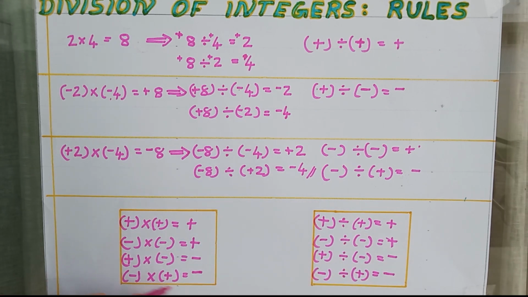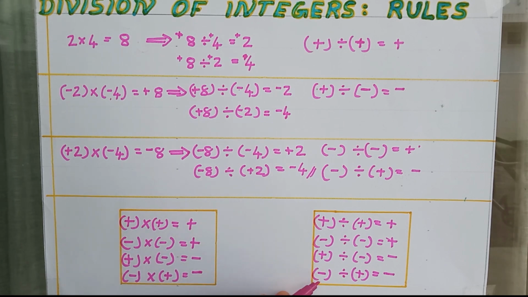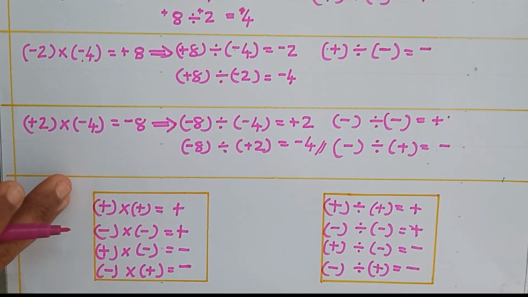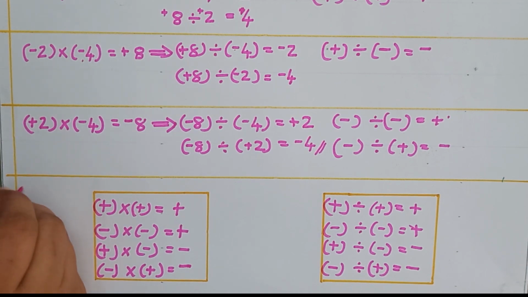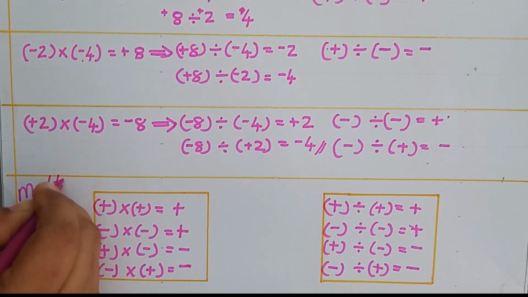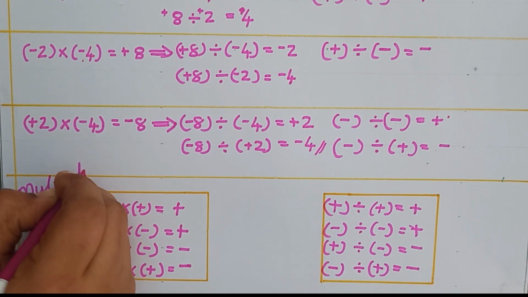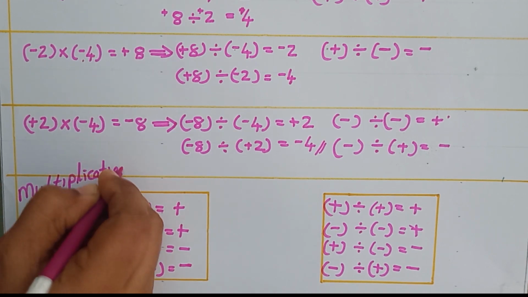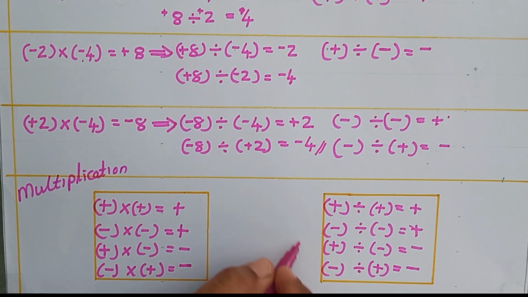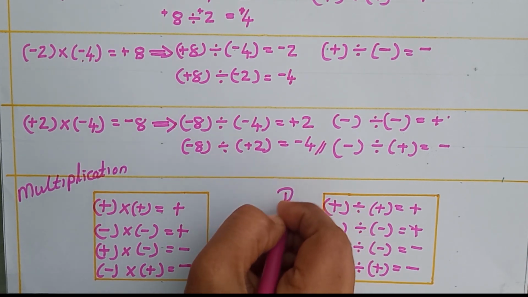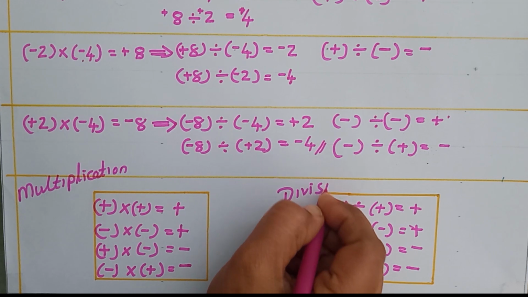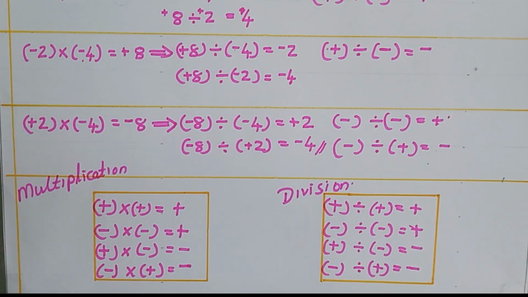Negative into positive, answer is negative. Here negative divided by positive, answer is negative. See, this is a set of rules for multiplication of integers, and this is a set of rules for division of integers. So try to learn both these sets by heart.